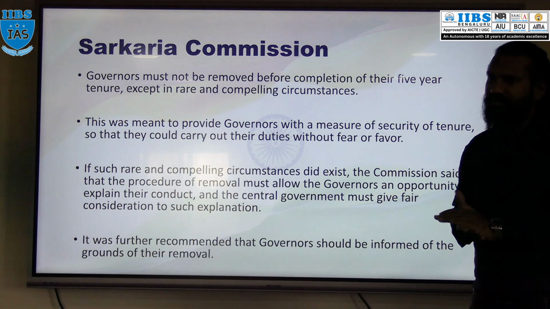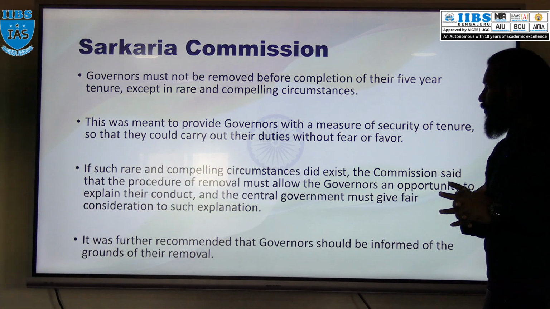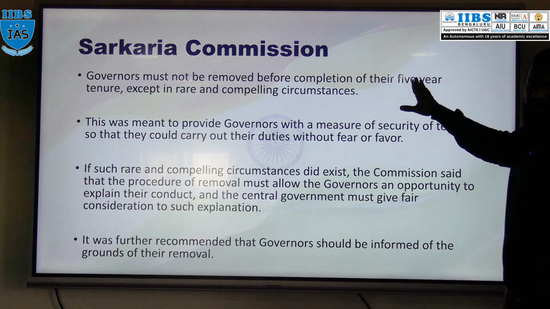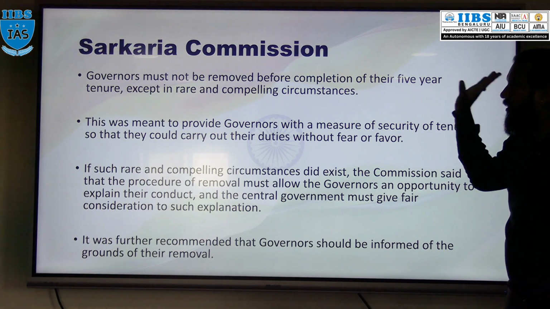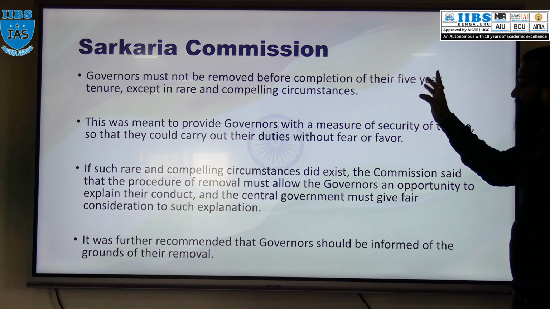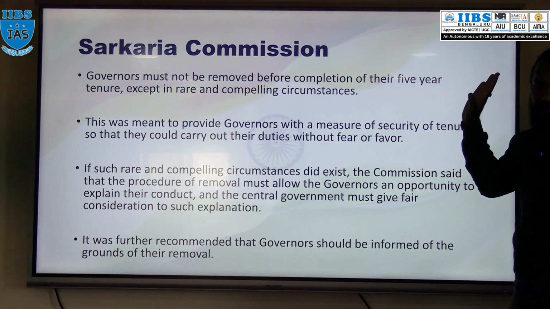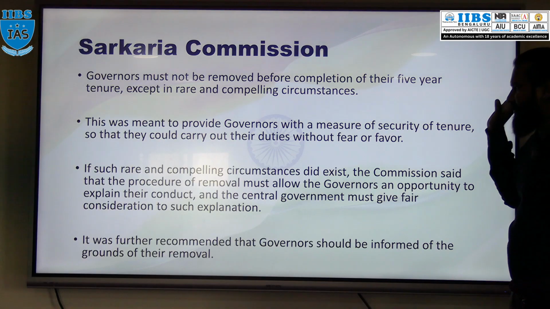The Sarkaria Commission also gave certain recommendations for removal. What is that? Here the Sarkaria Commission says that the governor should not be removed before the completion of 5 years. If the governor has to be removed, it should be in very rare cases and compelling circumstances.